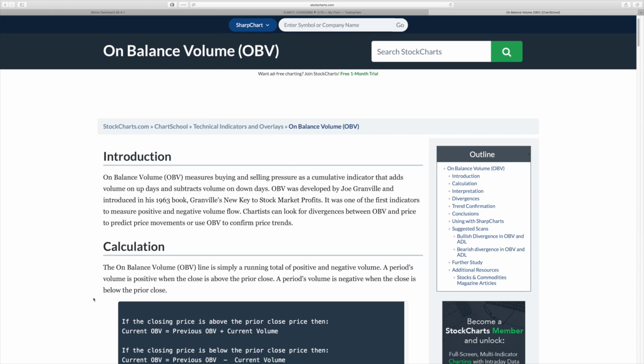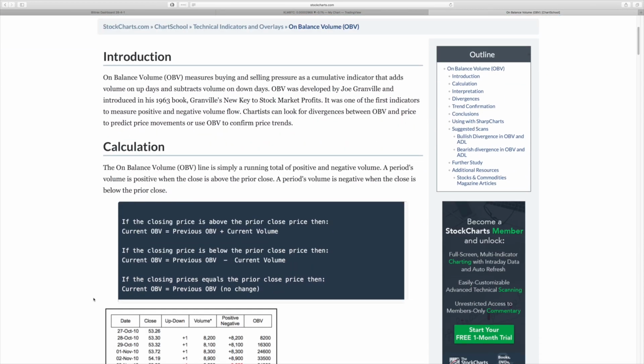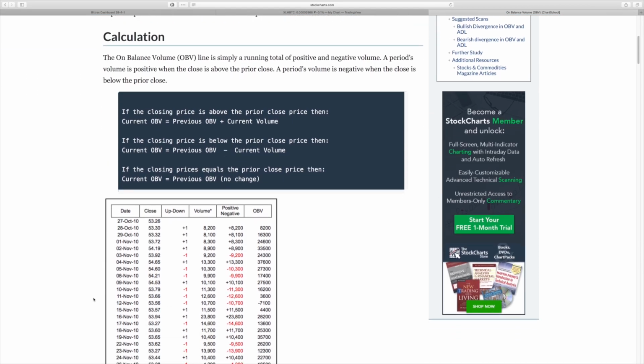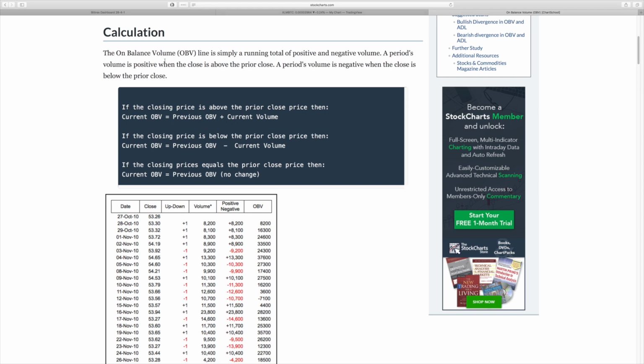So the calculation of on balance volume is simply a running total of positive and negative volume. A period's volume is positive when the close is above the prior close, and a period's volume would be negative when the close is below the prior close. So you're basically looking at the closing price of the asset on a given period. If you're using half-hour candles, then at the end of each half-hour period, that closing price is what this is concerned with.